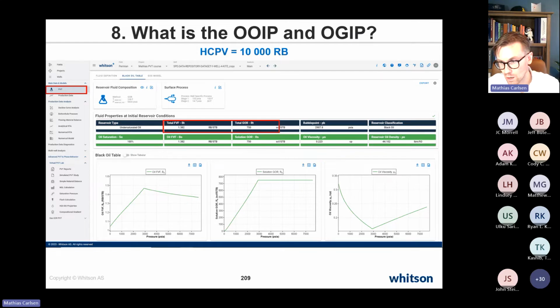And then I take that number and multiply it by my GOR, which was 750. That is 7.2 million STB multiplied by 750 scf per STB. And that gives us 5.4 BCF. So that's what I'm getting. I think that's what the answer was as well.